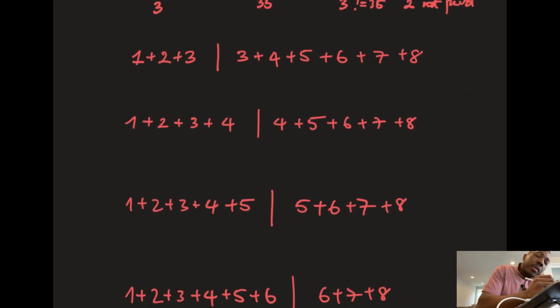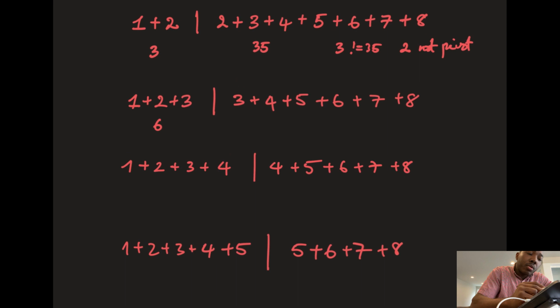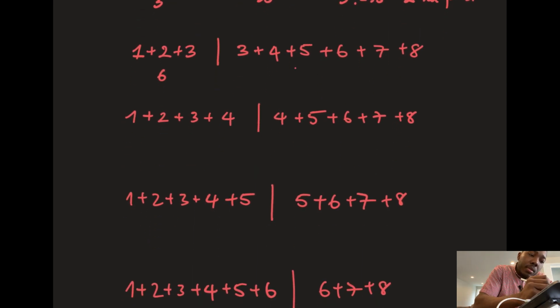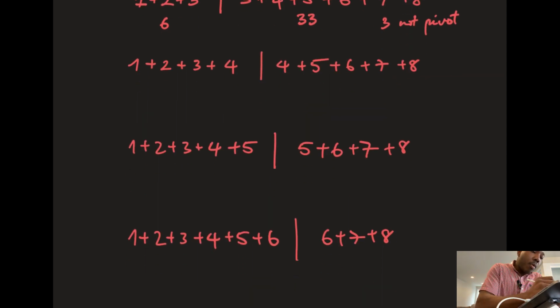Now we try 3. 1 plus 2 plus 3 is 6, and 3 plus 4 until 8 is 35 minus 2, which is 33. 6 and 33 are different, so 3 is not the pivot. We do the same for 4.